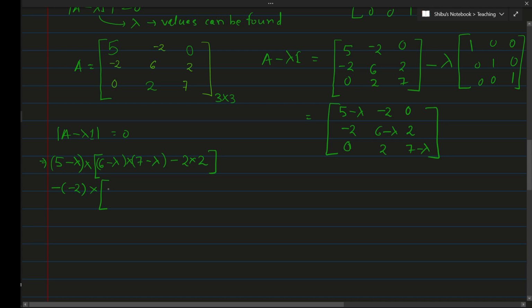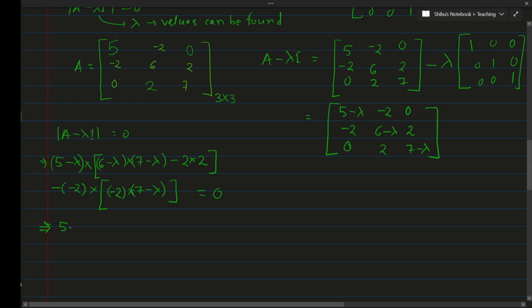So let's do that. This is a simple procedure that you must have learned in your high school. And the second term is 2 into 0, which will be 0, so I am not writing that. And the third term will be multiplied with 0, so it will not be considered here, right? It will be 0. So let's simplify this.